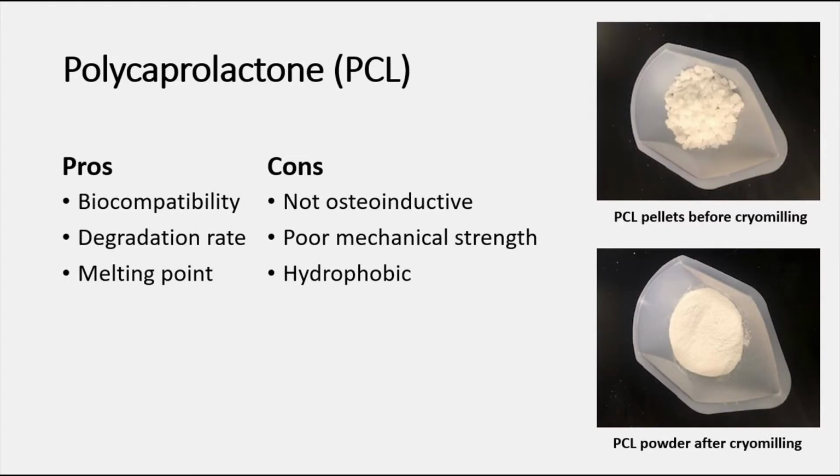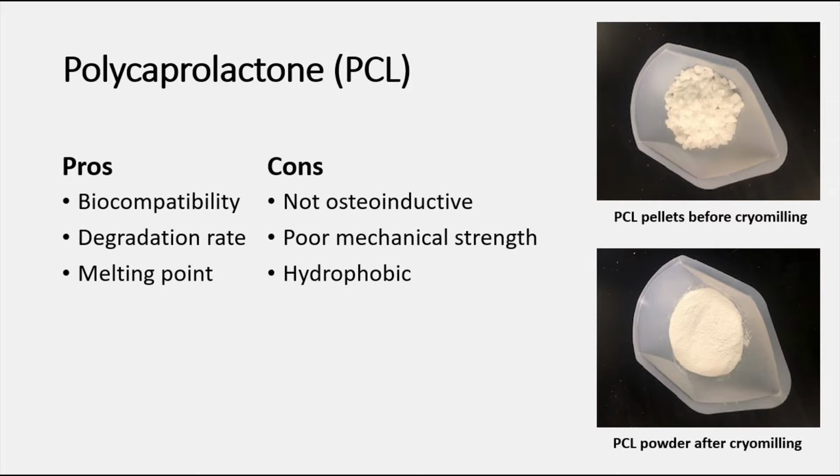Polycaprolactone, or PCL, is commonly used for bone regeneration due to its biocompatibility, degradation rate, and melting properties, which make it ideal for extrusion-based printing. However, PCL is not osteoinductive.